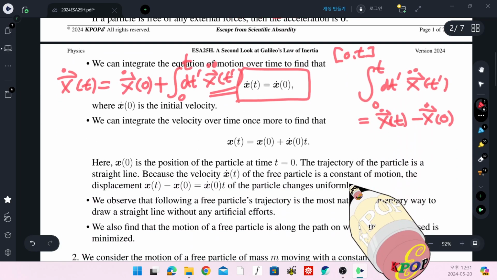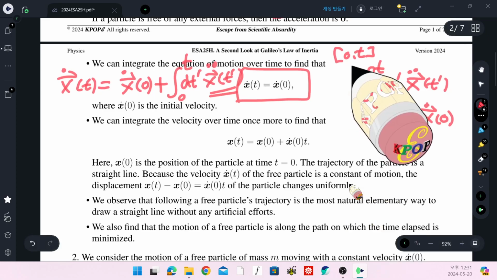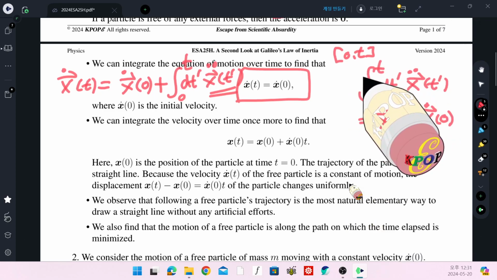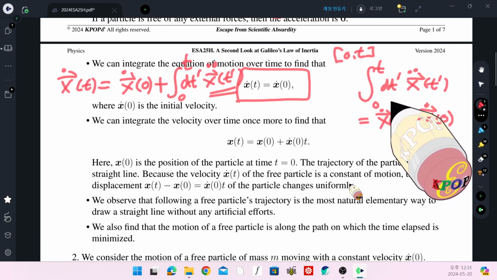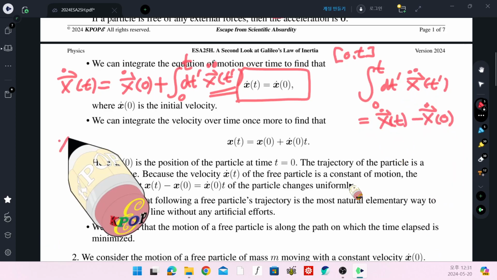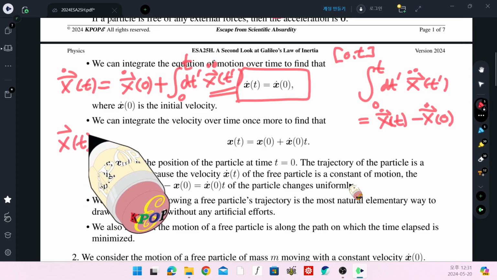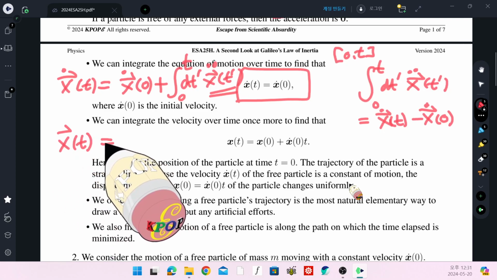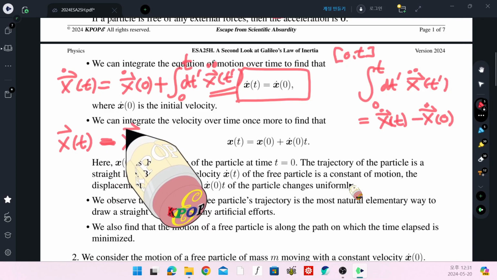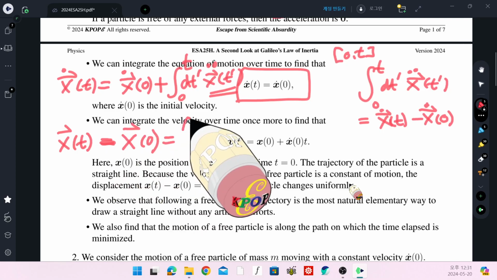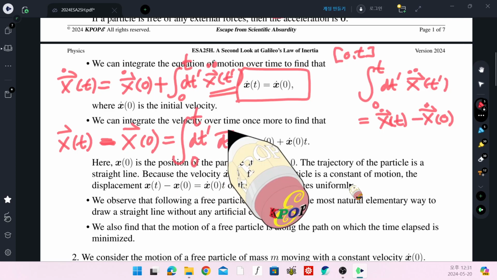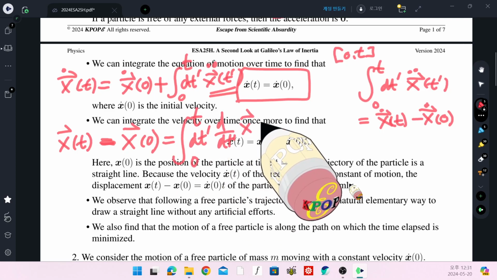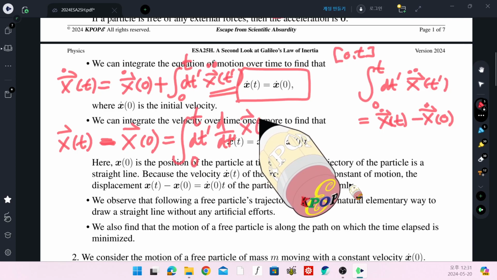We can carry out the definite integral from 0 to t one more time to find the difference in the position. The difference in the position is called the displacement. Displacement is x of t minus x of 0, which is by definition the integral of the derivative of x of t prime.